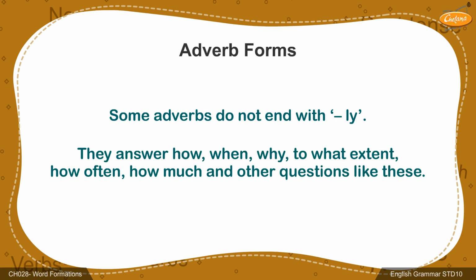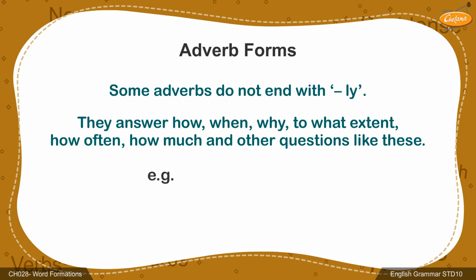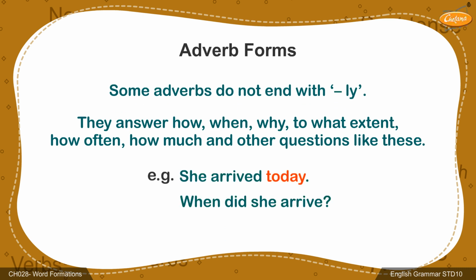They answer how, when, why, to what extent, how often, how much, and other questions like these. For example, "She arrived today." When did she arrive? Today. Here is an adverb.